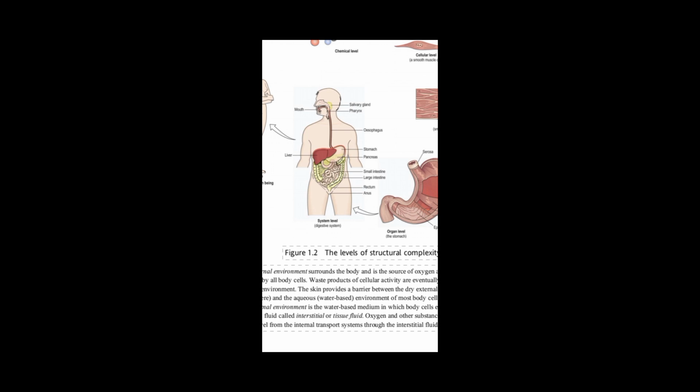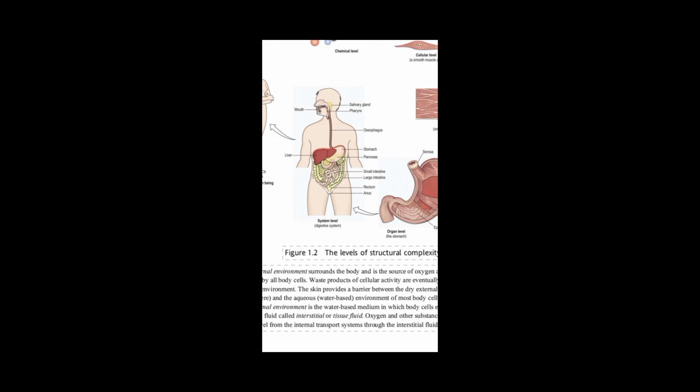Now, when all the systems of the human body combine, that is the lymphatic system, the cardiovascular system, the digestive system, the nervous system, the integumentary system, which is the skin, and all other systems, the endocrine system, the musculoskeletal system, they form a human being.